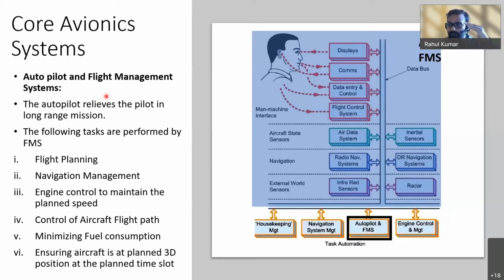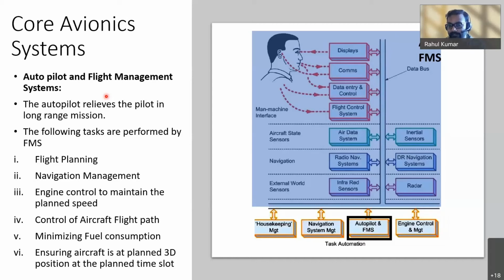If it is flying at a particular heading, it will continue to fly at that heading, right? Autopilot can also assist the aircraft in automatic landing. While the aircraft is landing, that can also be done automatically with the help of this autopilot avionics system.